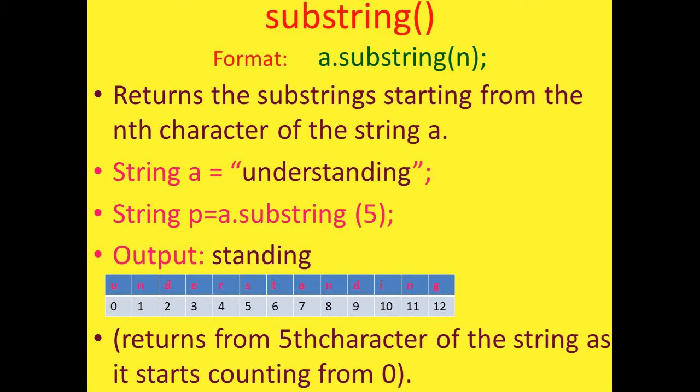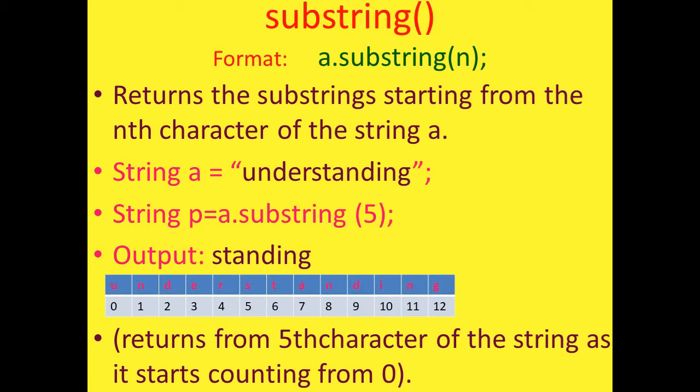With the help of that table, just learn this one. From that table we can understand that the fifth position, the character starting from that position is S. That means from that fifth position to the end you will get standing. What is that word? Standing. 5th to 12, it will cut 5th to 12.